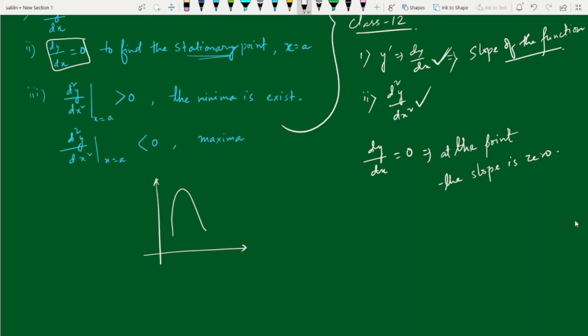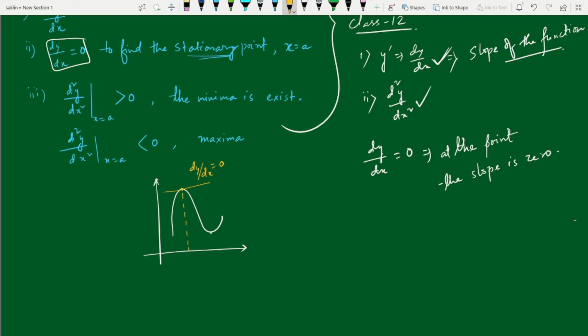If this is the function, and this is a point, here we can say that this is the tangent we can draw, and here the slope is 0. Here dy by dx equals 0. That means this is a stationary point.